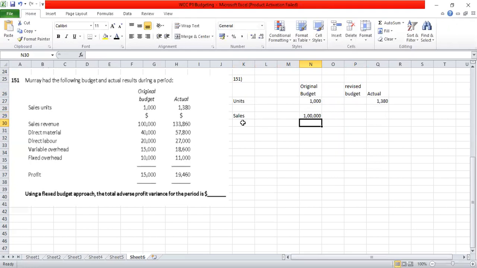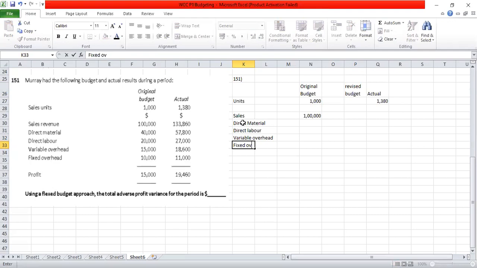After that, the other items are direct material, then direct labor. All direct costs are variable in nature. We know that part. So we just have to make the changes proportionately. And the overhead also, it's very clearly mentioned it is variable. There is one item which is fixed.